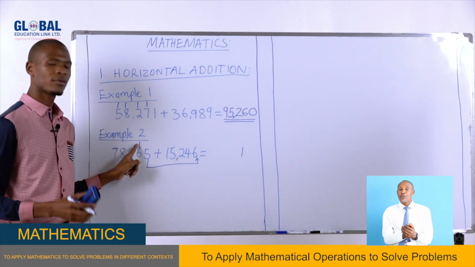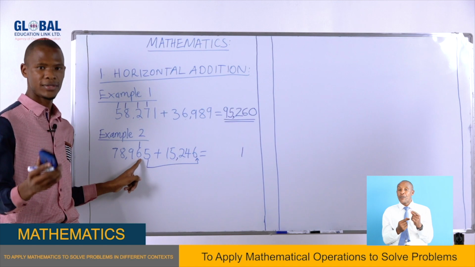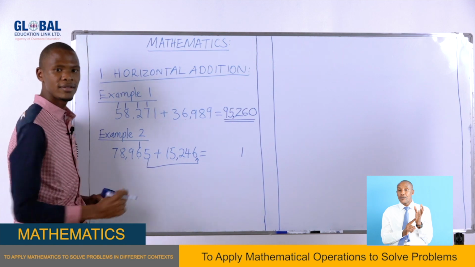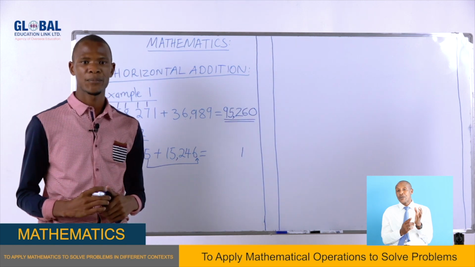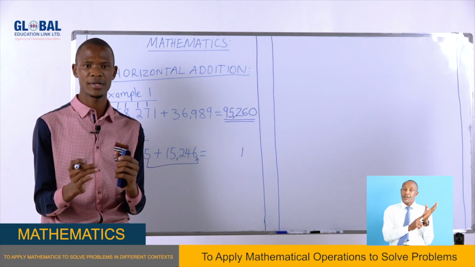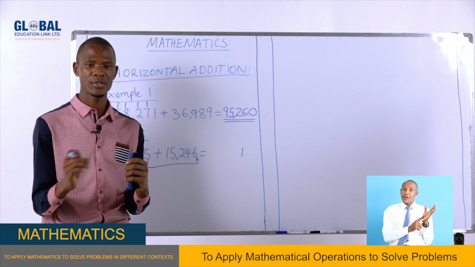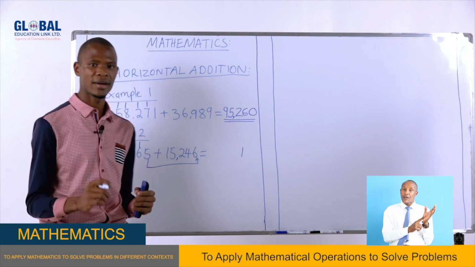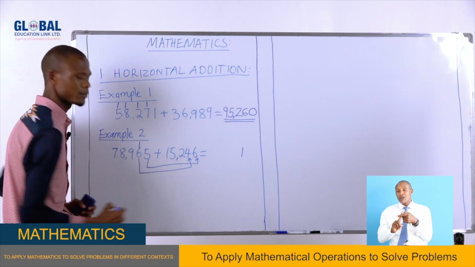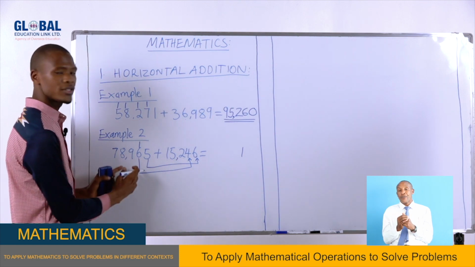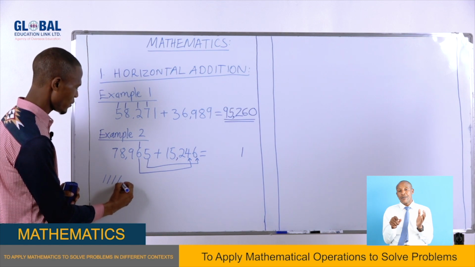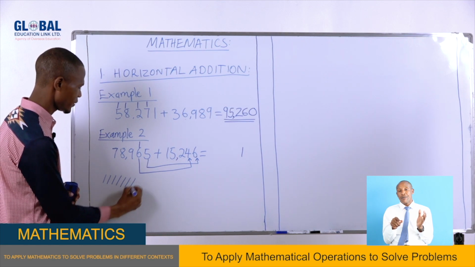Therefore, here we have 1 plus 6. The sum of 1 and 6 is, can you answer? You count 1 tally, and also you count 6 tallies, and then you group them together, then you count them. What is the answer? Yes, the answer is 7. So, 7 should be added with 4. Count 7 tallies. 1, 2, 3, 4, 5, 6, 7.